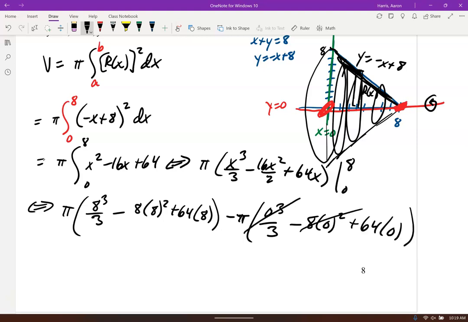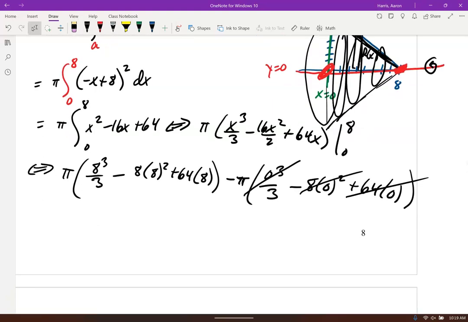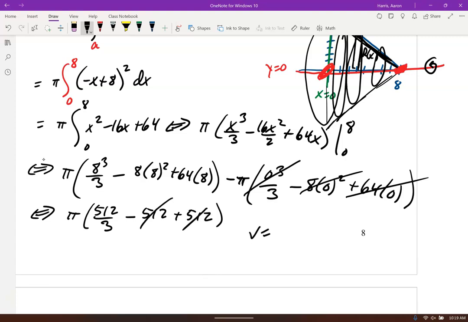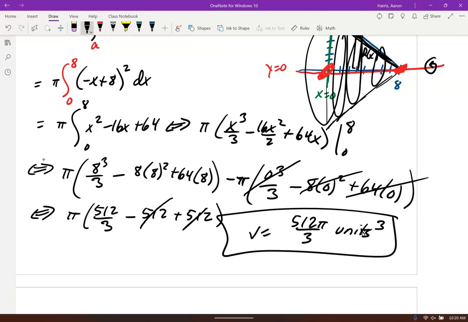All these are zeros, so it's all gone. So it looks like we got, there it is, 512 pi over 3 units cubed.